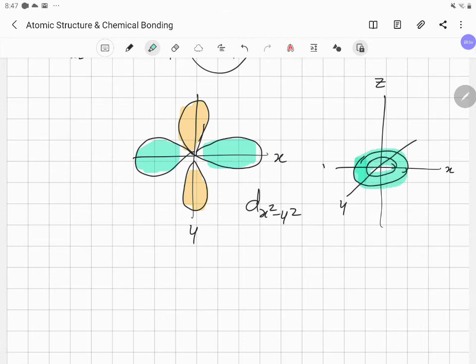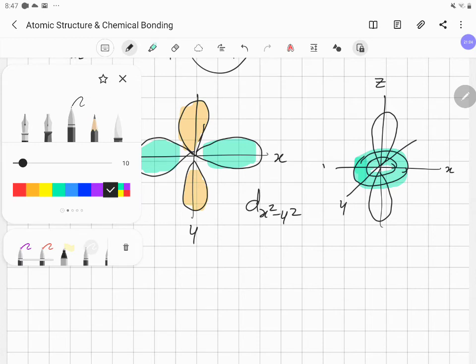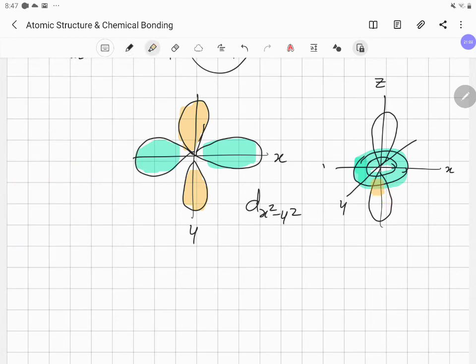It's a disk kind of probability, and there is a lobe along the z axis. So this is the structure of the dz square orbital.